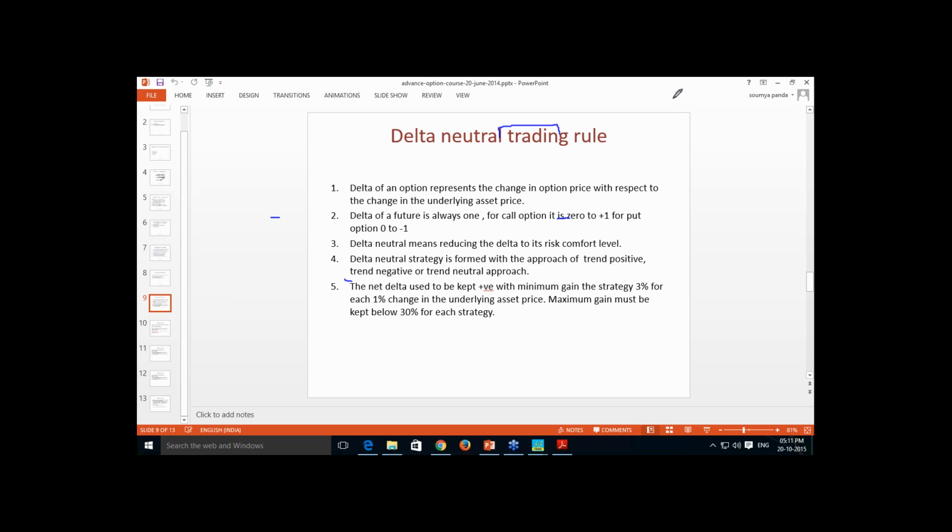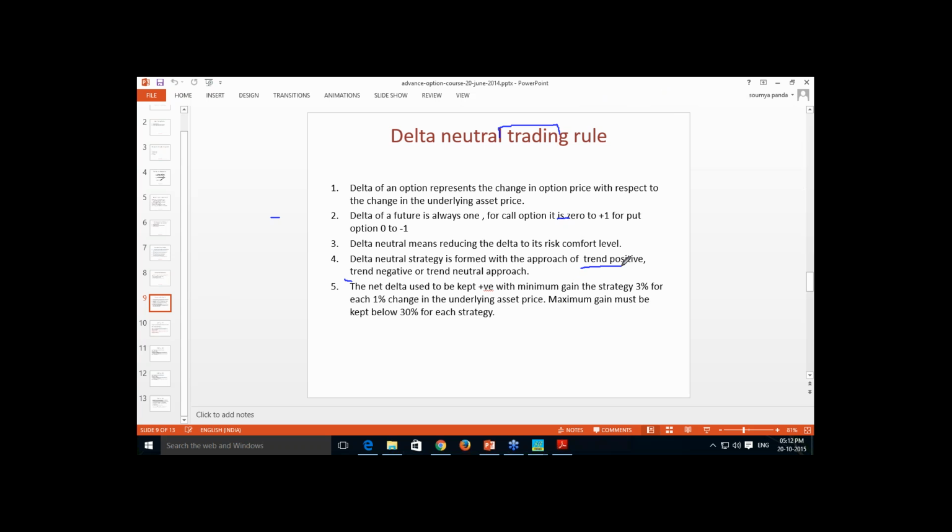You expected it to be in an uptrend and go up, but it never happened. That adversity may be a part of your trading activity. Delta neutral will also minimize that adversity's impact on your trading portfolio if it is constructed properly.